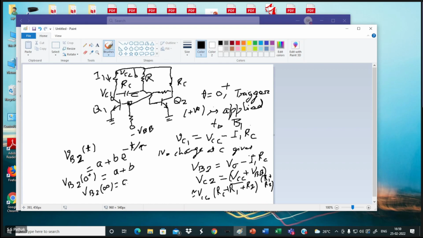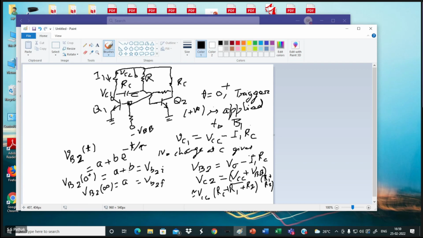This will be your A. I can say this is my VB2 initial value and this is my VB2 or V output, you can say final value. So initial value and final value will give me the values of A and B.